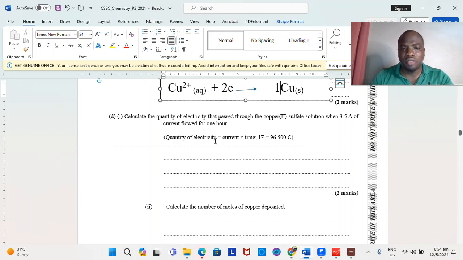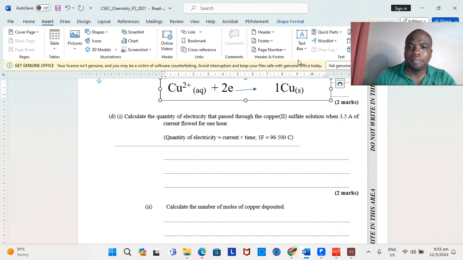And I say to you as students, once they give you some information, quantity of electricity equals the current times the time, right? So Q equals IT, and the time would have been in seconds, right? It's very critical that you remember that.